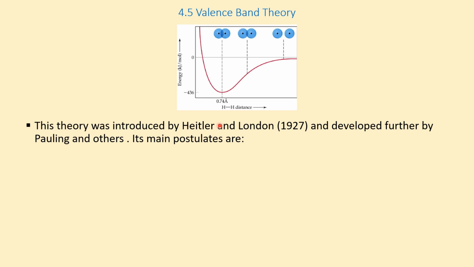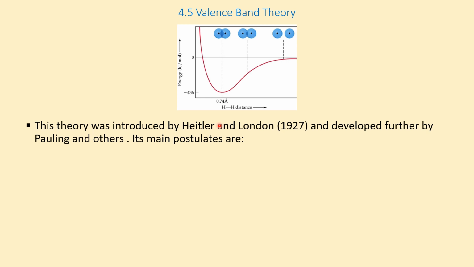Experimentally, it has been found that the magnitude of the new attractive force is more than the new repulsive forces. As a result, the two atoms approach each other and potential energy decreases. Ultimately, a stage is reached where the net force of attraction balances the force of repulsion and the system acquires minimum energy.